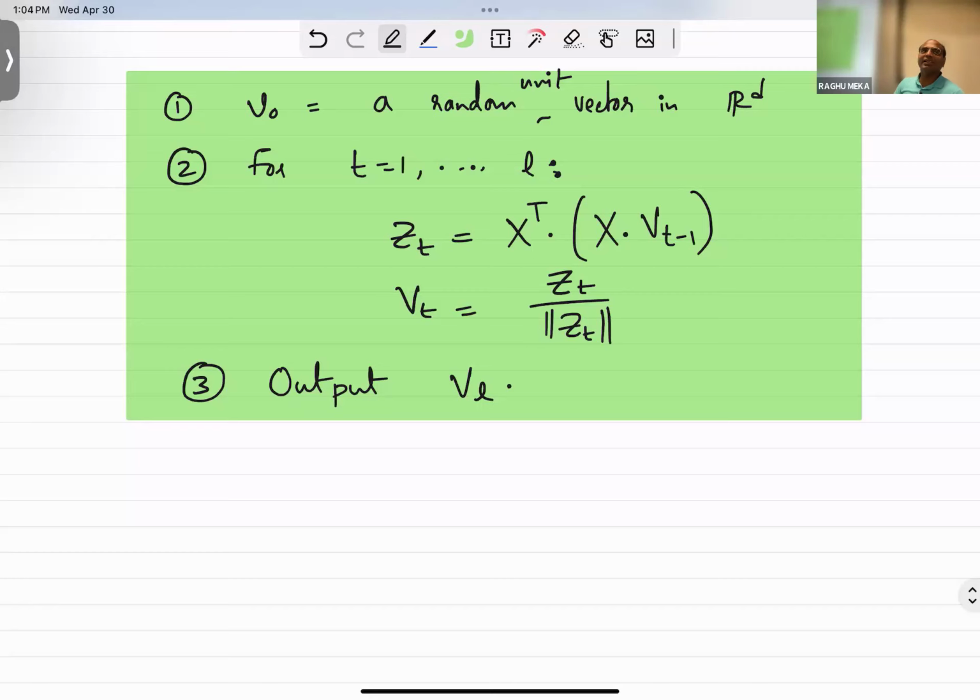Right. But it's unlikely that your random vector will be in the null space. So maybe I misunderstood your question. Right, but it's very unlikely, that's why we're picking it to be a random vector, right? So for a random vector, as long as the null space is not full dimensional, you will have some component in the top singular vector direction.